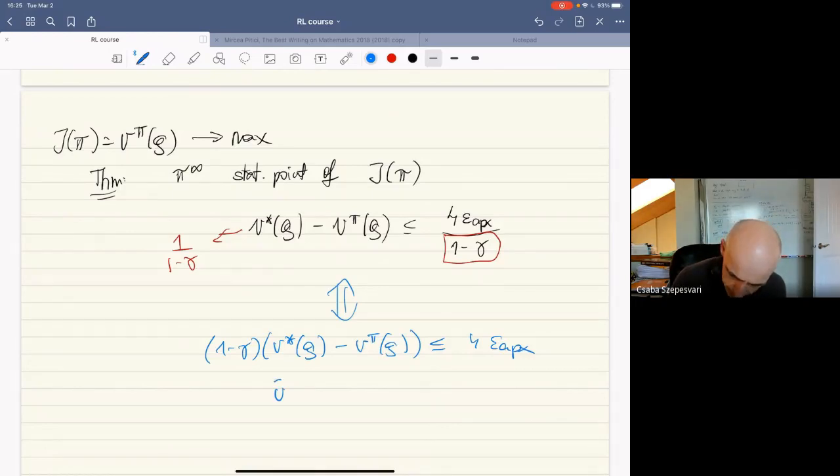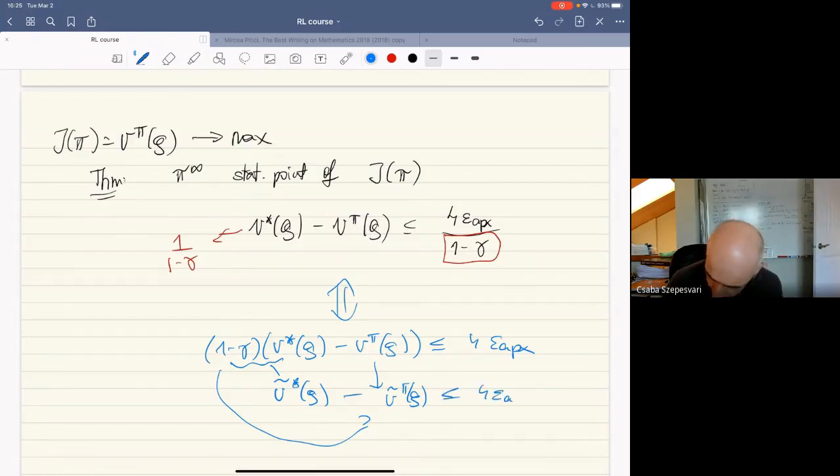And then you just call this V tilde star rho. So this is the normalized value for pi with respect to the initial distribution, and that's just like 4 times the approximation error.